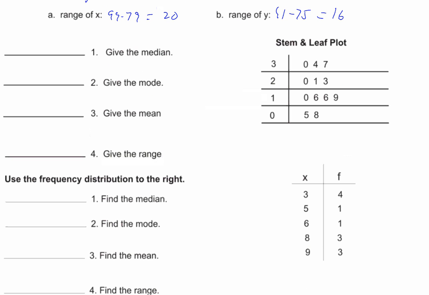Okay. You guys remember stem and leaf plots? Now, there's no legend here. But remember, if I had a legend, it would go something like this. 2-1 equals 21. If these were decimals, I'd have to have a legend to let you know that.